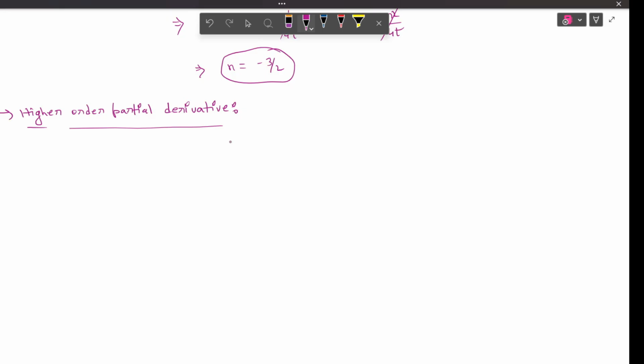Now f_x(x, y) and f_y(x, y) are also functions of x and y, because the values of partial derivatives may vary from point to point. The partial derivatives of f_x(x, y) and f_y(x, y) are called second order partial derivatives.